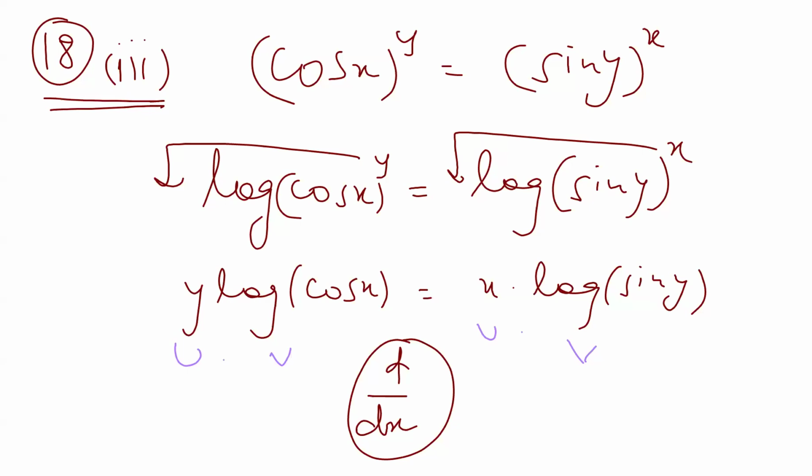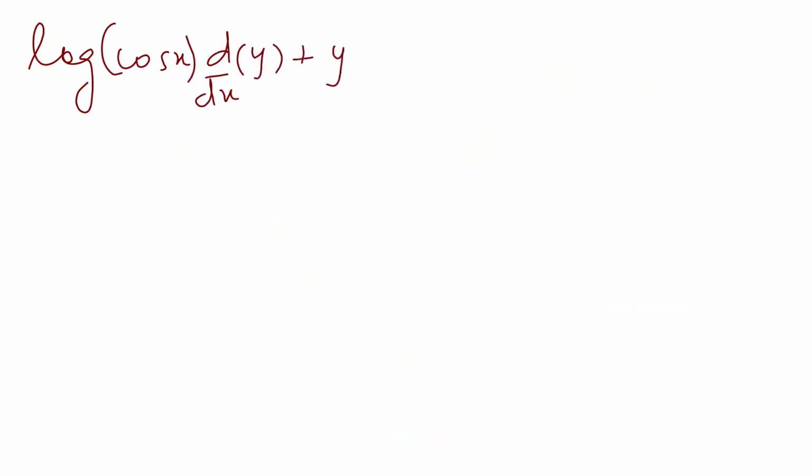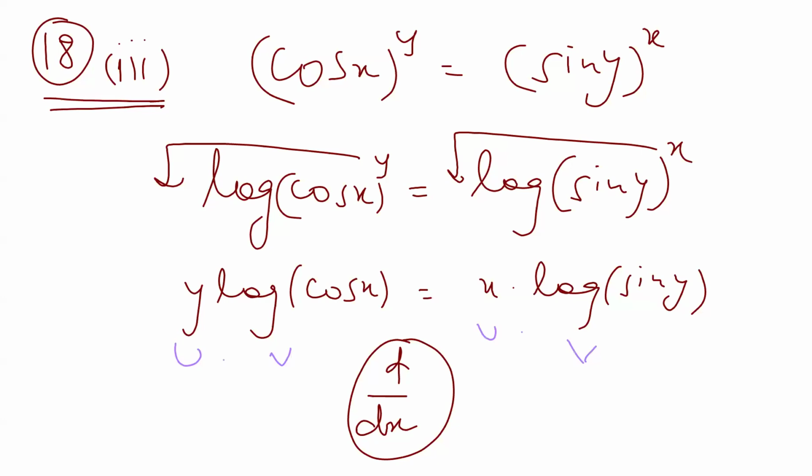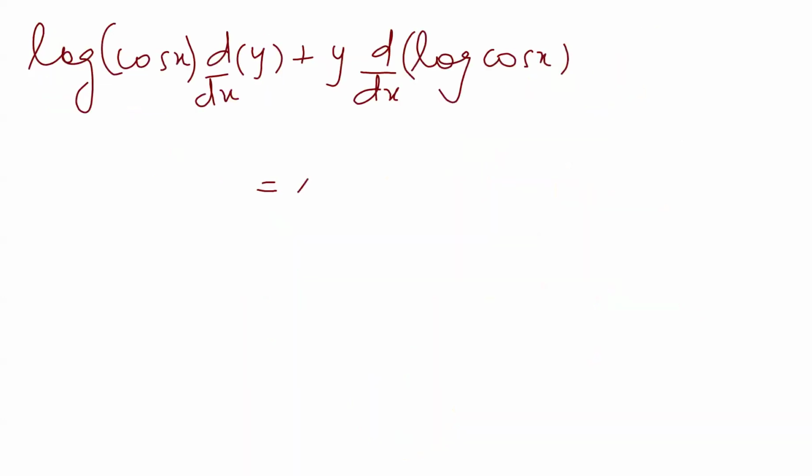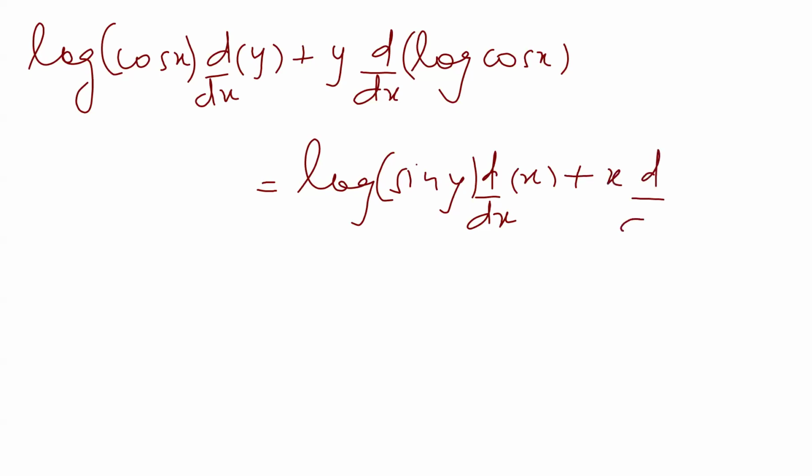So log cos x dy by dx of y plus y dy by dx of log cos x equals the right hand side, log sin y dy by dx of x plus x dy by dx of log sin y.